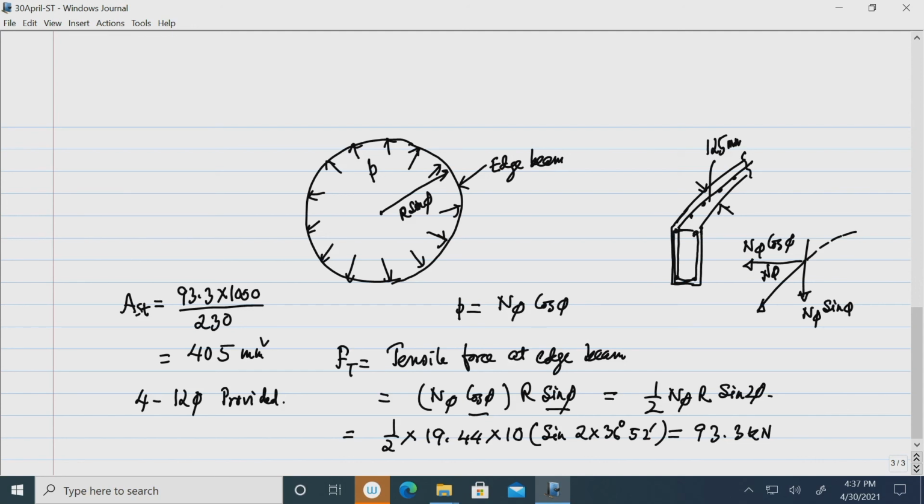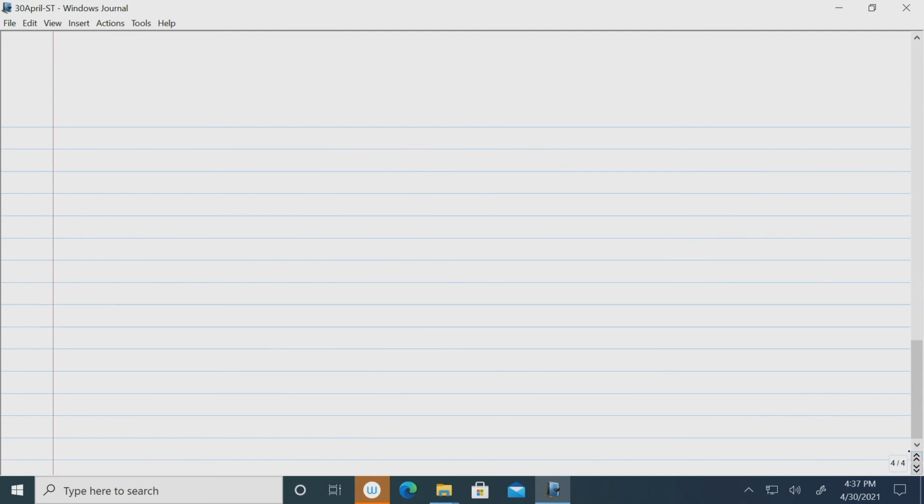The size of the beam can also be found out from the tensile stress criterion, and we know that the total tensile force divided by the transformed area, A plus m minus 1 into AST, should not exceed the permissible tensile stress in concrete, that is given. Okay.